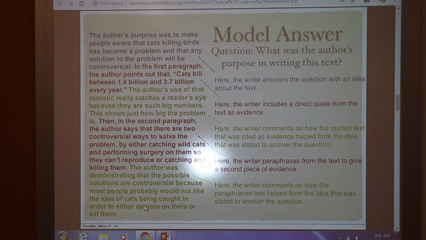Here the writer paraphrases from the text to give a second piece of evidence. In the last green section, the author was demonstrating that the possible solutions are controversial because most people probably would not like the idea of cats being caught in order to either operate on them or kill them. Here the writer comments on how the paraphrased text helped form the idea that was stated to answer the question.